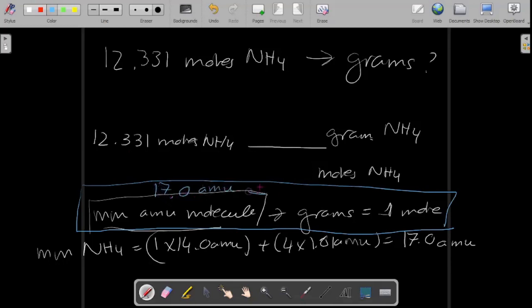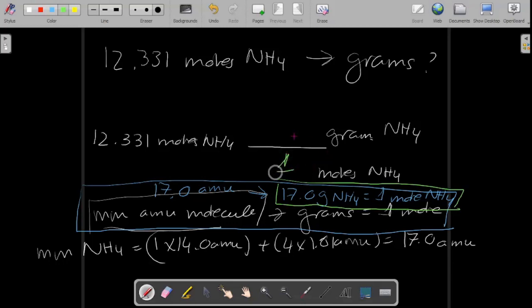And I said, if you call it grams, so I'm going to call it grams, 17.0 grams of ammonia, then I know that I have 1 mole of that ammonia. And now I have a conversion factor I can use. This is what I needed. So I could put it here. 1 mole is 17.0 grams.